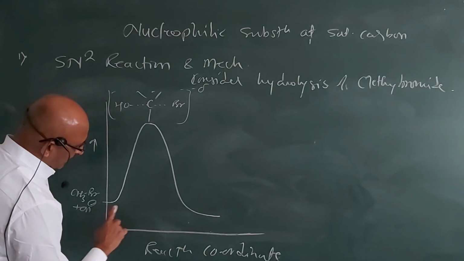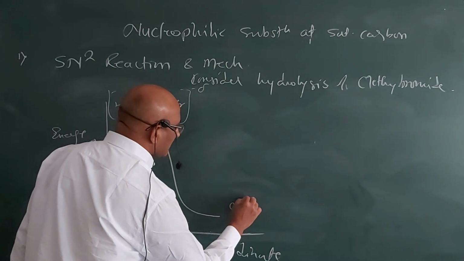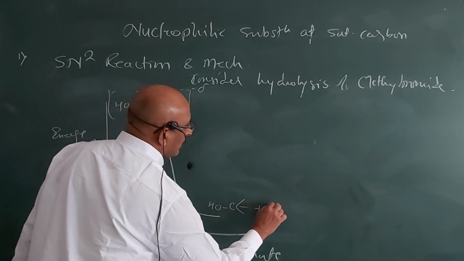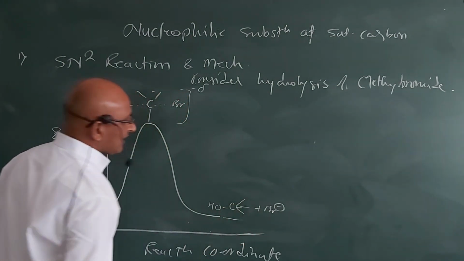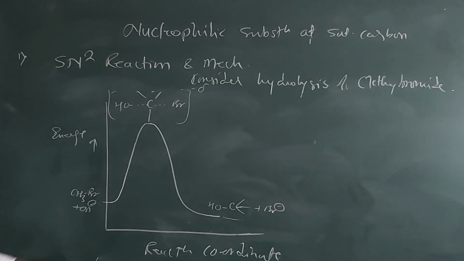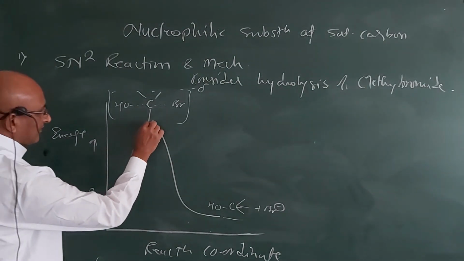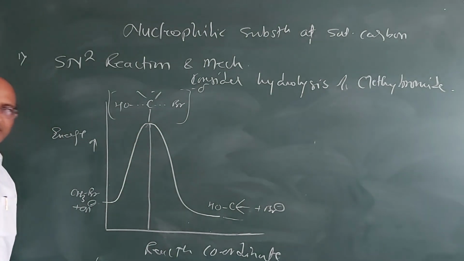Here you see that the energy of the product is always less, and so you will get the formation of the product, and this is most stable. The products are always more stable than the reactants, and so this is the energy profile diagram. This is the stage of the highest energy level, that is the energy of activation.